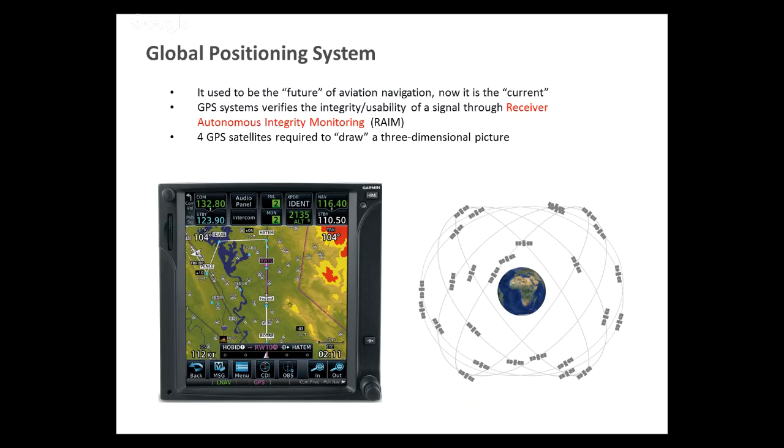And you'll also want to know as you're flying, and this is probably more useful for instrument flying, how many satellites your GPS is utilizing at any one time. Because the more satellites it utilizes, the higher the integrity, the higher the accuracy. So minimum 4.